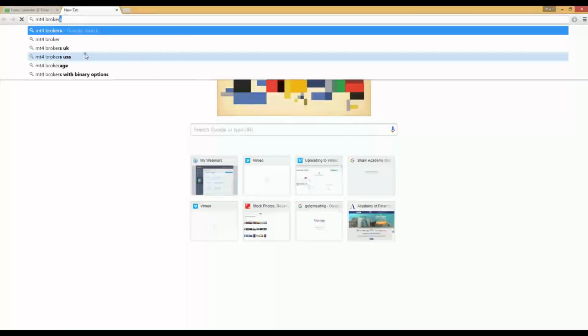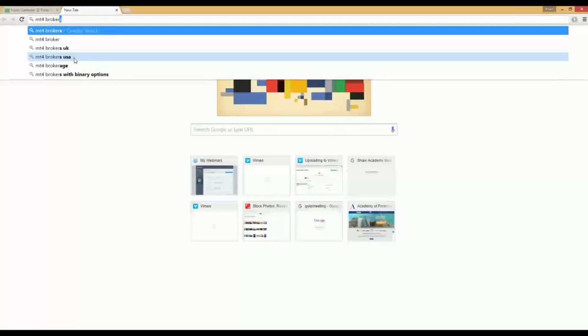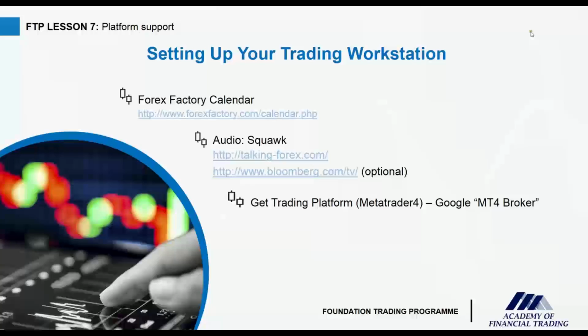You can see it's coming up already, MT4 Brokers USA, MT4 Brokers UK. Remember, though, they have to be regulated in the United States. Once you click on that, you can locate certain brokers which have MT4, and you can download a free trading platform therein.